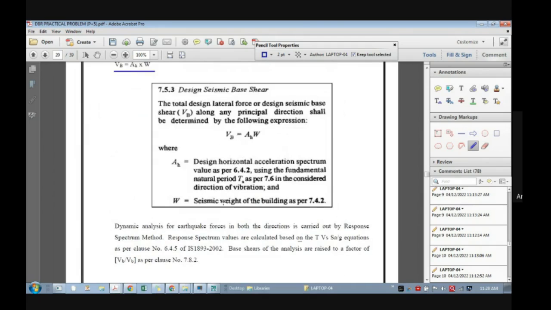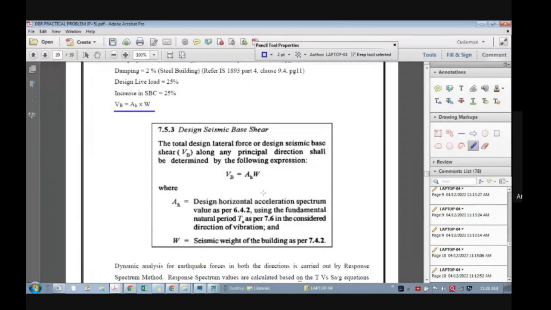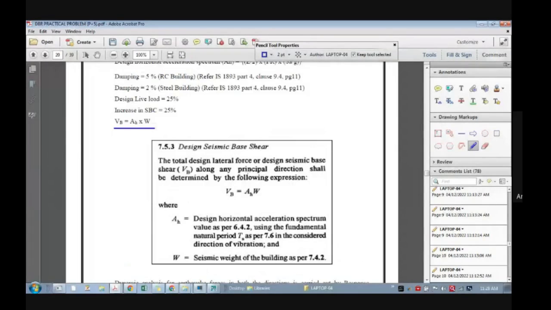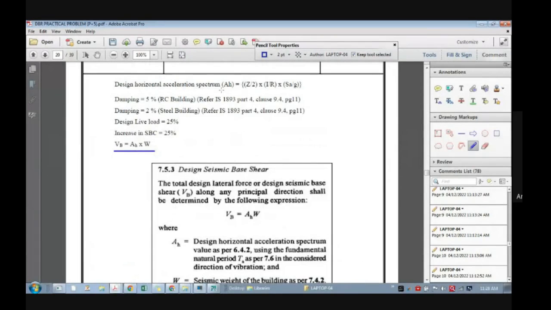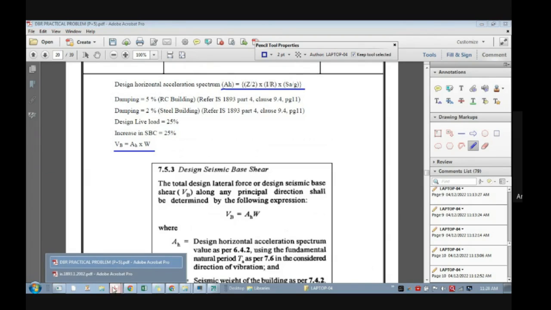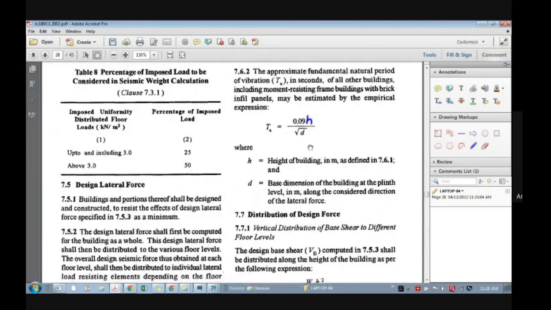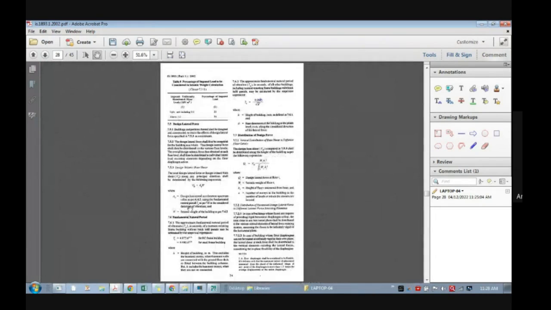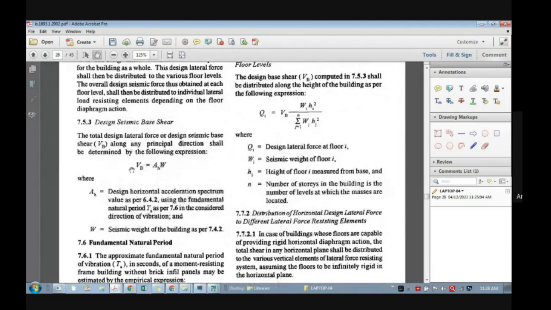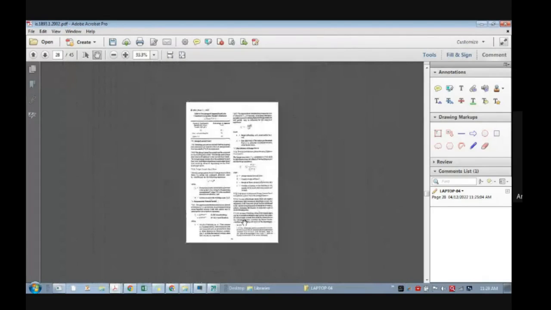So this was the earthquake data we are getting, and we are even calculating the time period and base shear, VB also. Ah value: Ah is Z by 2 into I upon R into Sa by g. And you should mention that Ah value also from the code. See this. Ah into W. And where is the Ah?